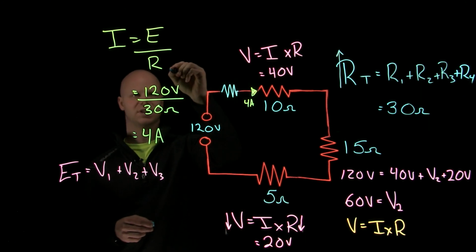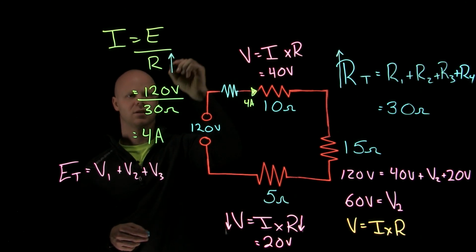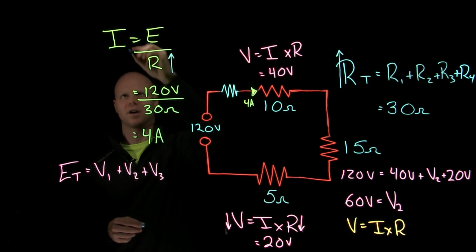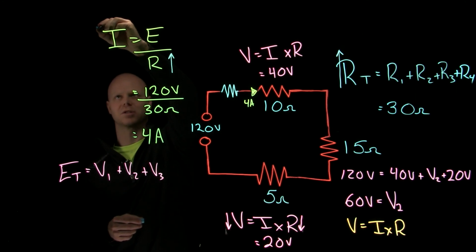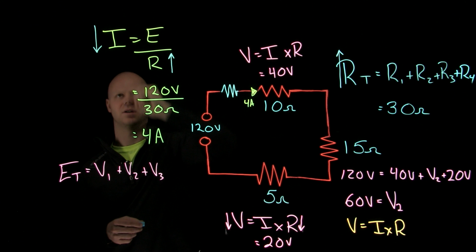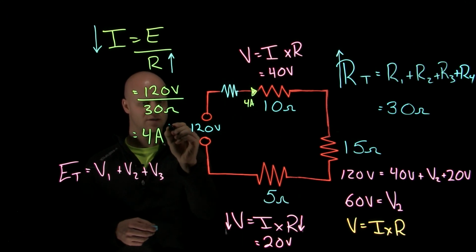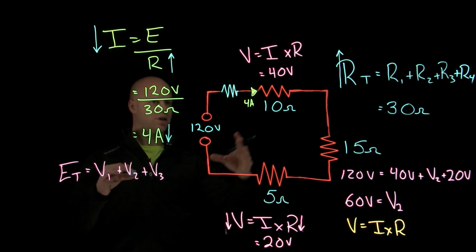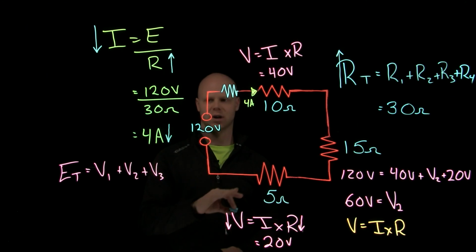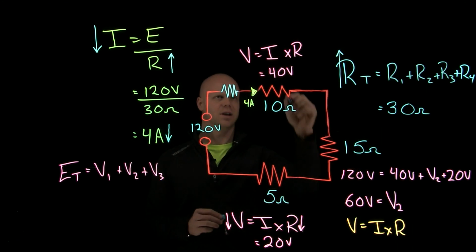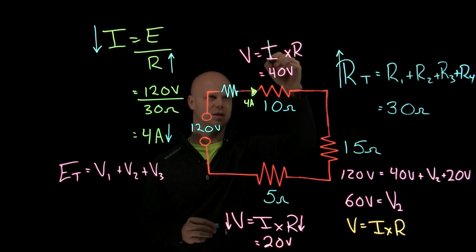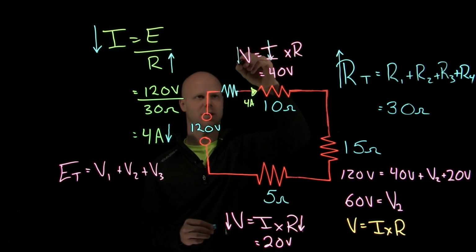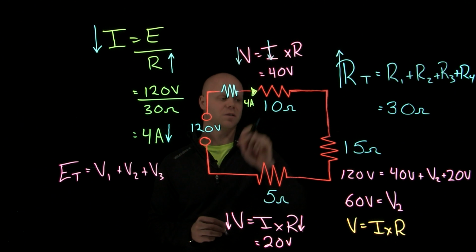So if my total resistance increases, what is going to happen to current? Ohm's law said it's inversely proportional, so I will decrease my total current. If I decrease my total current, what is going to happen to the volt drops everywhere else? Look at the formula, okay? If I decrease the current, the volt drop has to decrease. You didn't change this ohmic value.